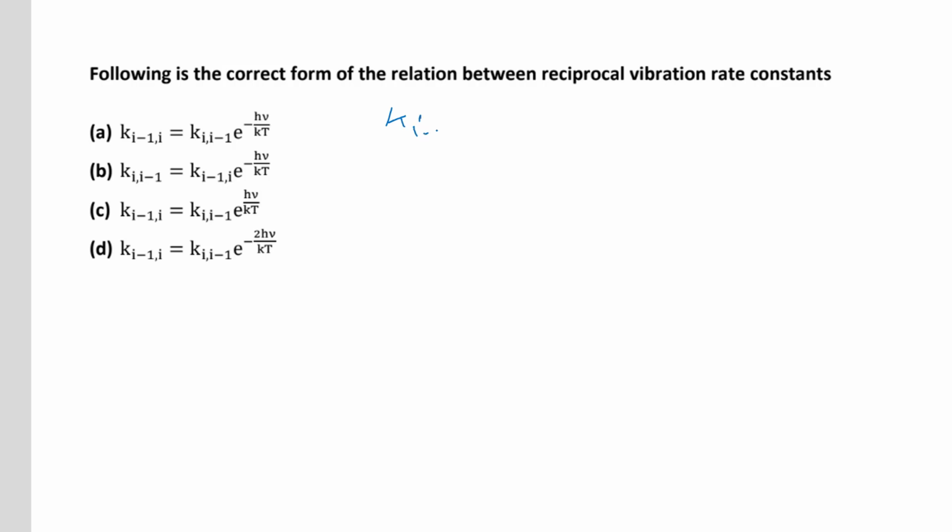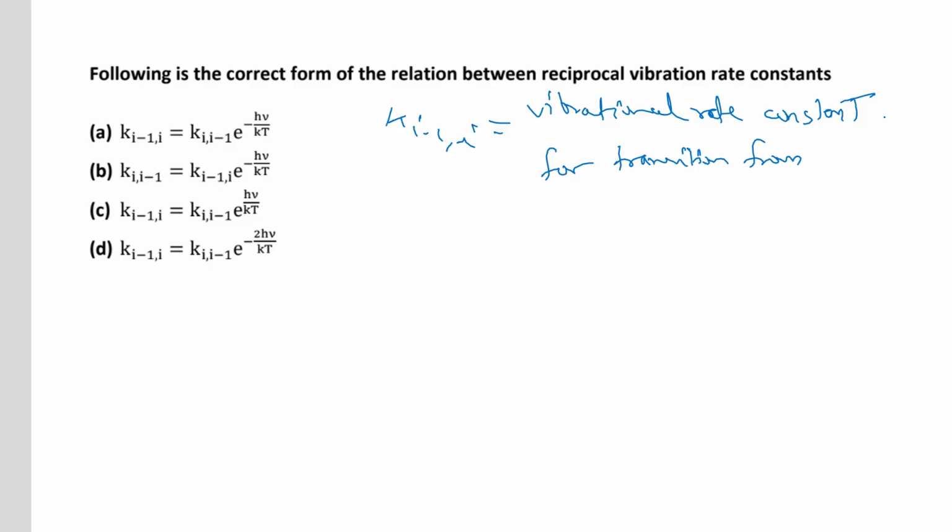Here, k(i-1,i) is what? This is nothing but the vibrational rate constant for transition from the (i-1)th level to the ith level.